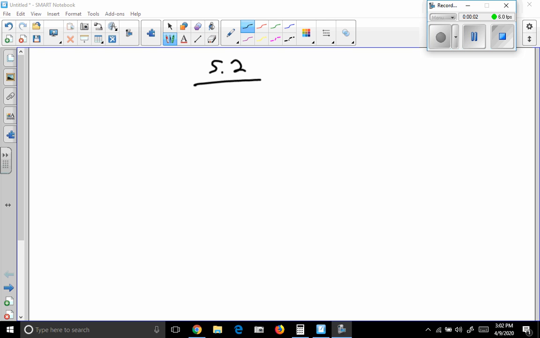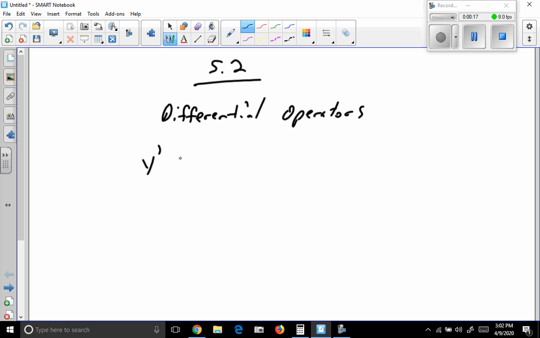The first thing that we want to look at in this section is what is referred to as differential operators. So in the past, when we looked at things like y prime, by that we mean the derivative of y with respect to a particular variable, or we could call that d/dt of the variable y.